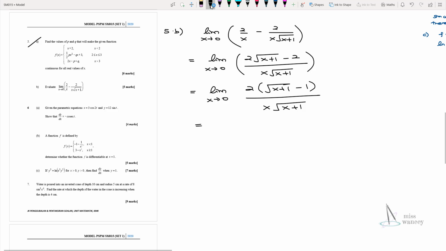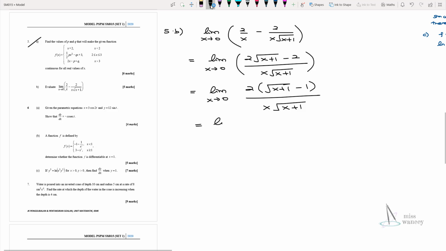Okay, so if I do try to substitute x with 0, I will get 0 plus 1, which is 1. 1 minus 1, so this is 0. Substitute x with 0 over here, that will also give me a 0. Therefore, I should get rid of the term that will give me 0 over 0. So in this case, I choose to times with the conjugate.